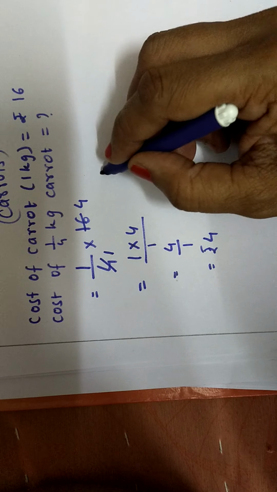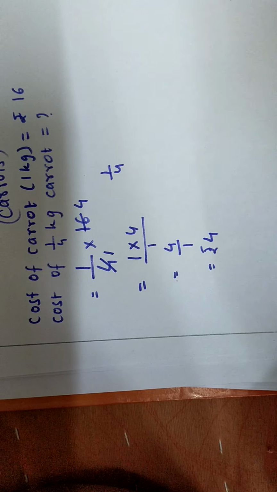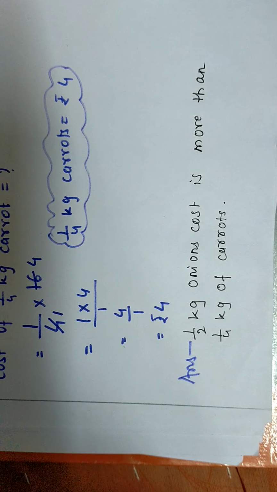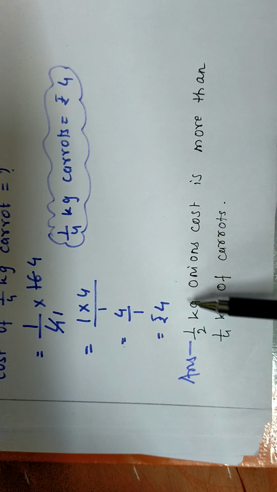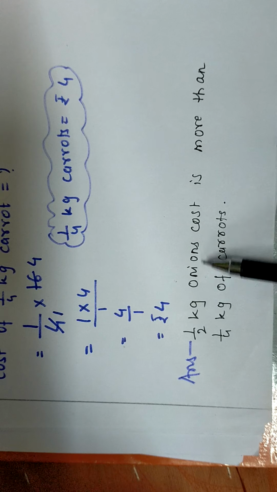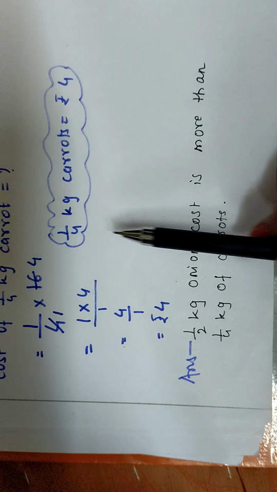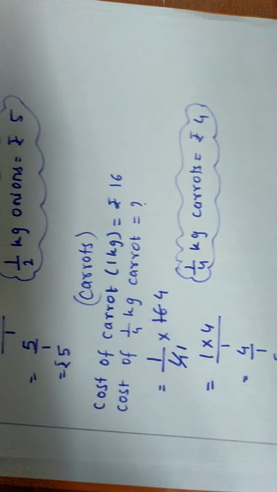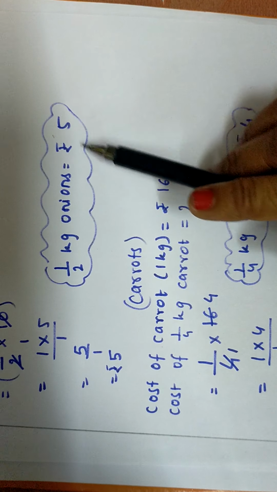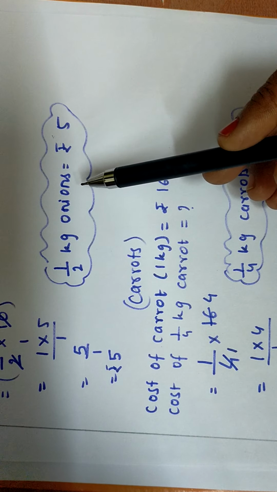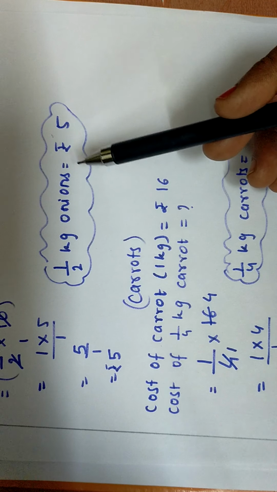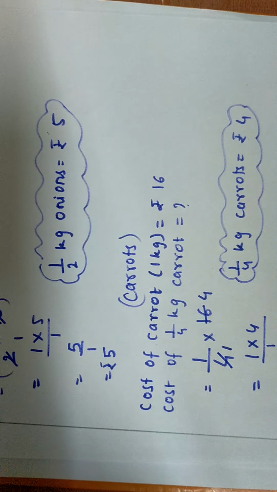So the cost of 1/4 kg of carrots is rupees 4. From here you come to know that half kg onion cost is more than 1/4 kg of carrots. For 1/4 kg carrot it is rupees 4, and here it is rupees 5. So the onions' price is more than the carrot. So this is B.